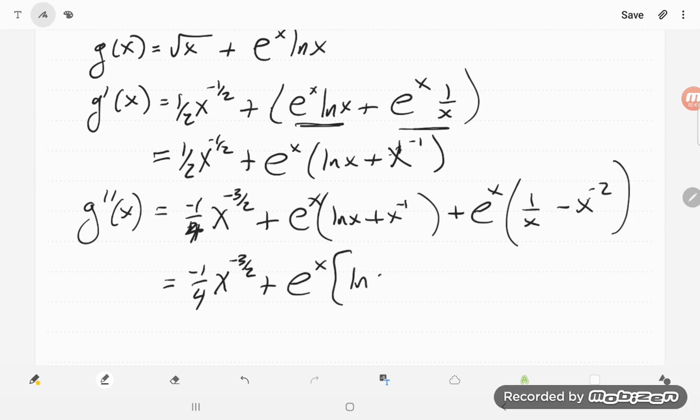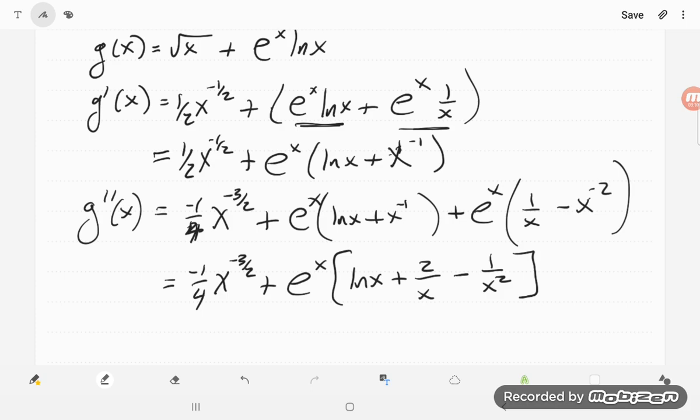And then I've got the log x, and I have two of the 1 over x terms, so I could write that as 2 over x. And then I have the minus 1 over x squared term. And I could write that first one as 1 over x to the 3/2.